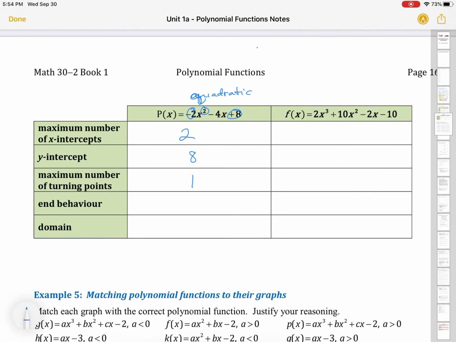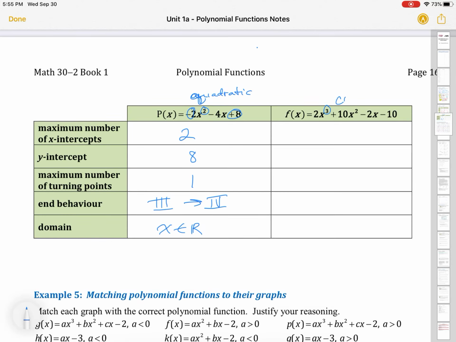End behavior. Well, the coefficient is negative, so if we think about our rules for end behavior, when it's degree 2, if it's got a negative coefficient, it's going to go from 3 to 4. So that was on the other page. And our domain, as always, is x is in the set of real numbers.